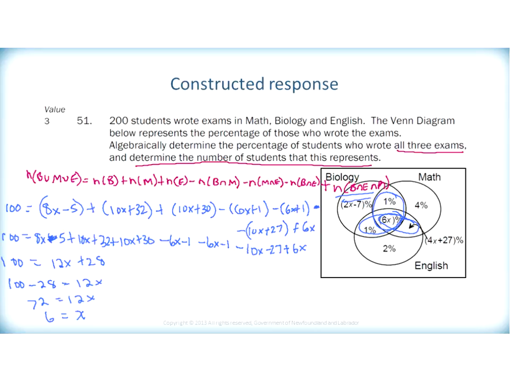So we have 6 equals x. That means 36% of the students are here in the intersect, are doing all 3 exams. And then we take the 200 students in total and times it by 0.36 to determine how many students that will be. That will give us 72 students. 72 students out of the 200 will write all 3 exams.